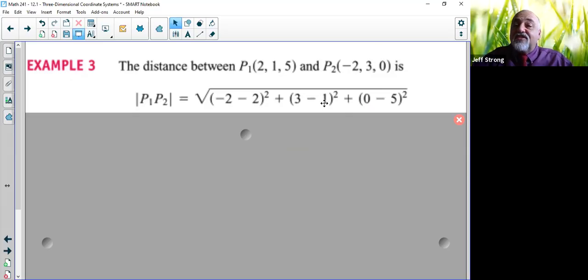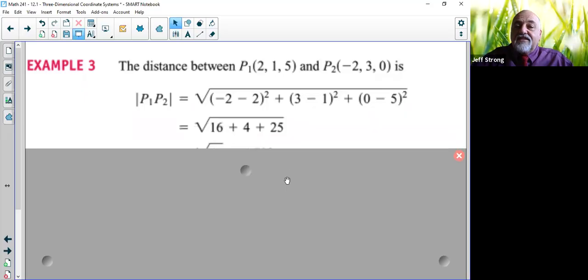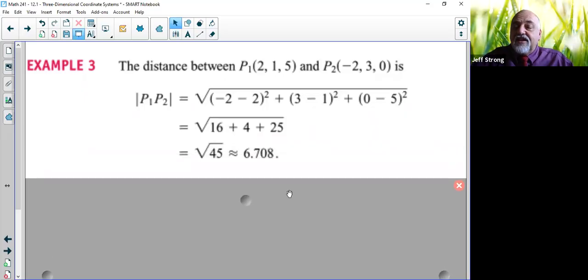And you could go 1 minus 3 squared or 3 minus 1 squared. It really doesn't matter because you're going to square it. And then 5 minus 0 or 0 minus 5 squared. And so you can just put that in your calculator and just crank it out. And you could either simplify the radical, 3 radical 5, or give me a decimal. Decimal's just fine.